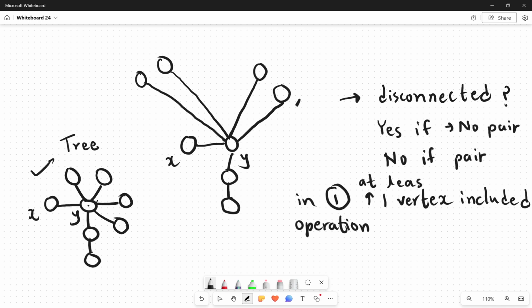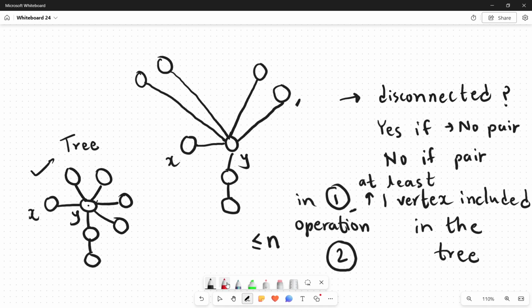At least one vertex is included in the tree. When I select a vertex with degree 1, this will be the case, and if I select the pair, then two vertices will be included in my tree. So I can argue that it will be less than or equal to n, right?